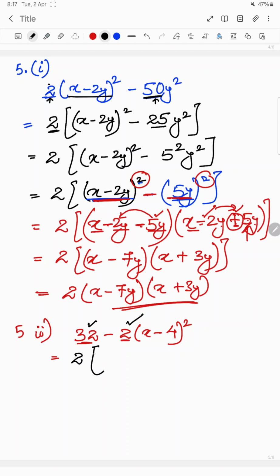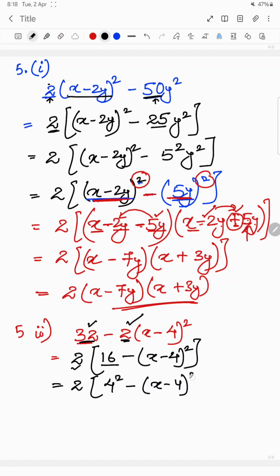So 2 into 16 is 32. Minus 2 has come out here, so I'm left with x minus 4 whole square, bracket close. 2 has already been taken out as common. 16 can be written as 4 square minus x minus 4 whole square, bracket close. So now I have converted the given question in the form of a square minus b square.